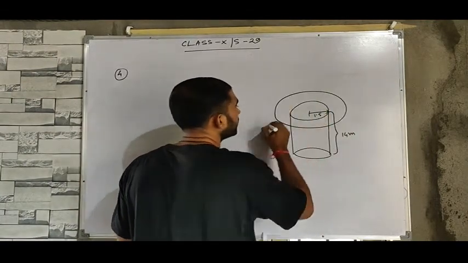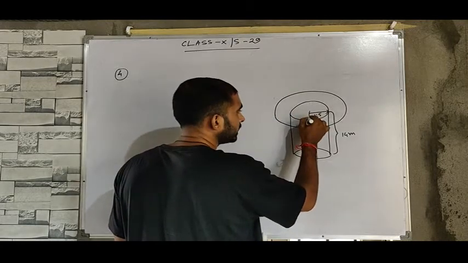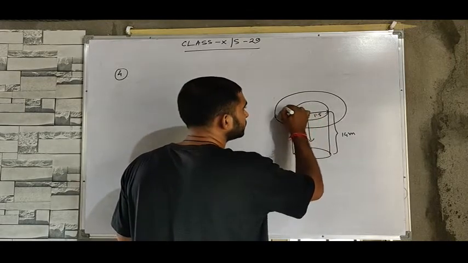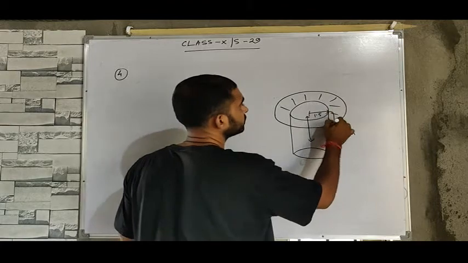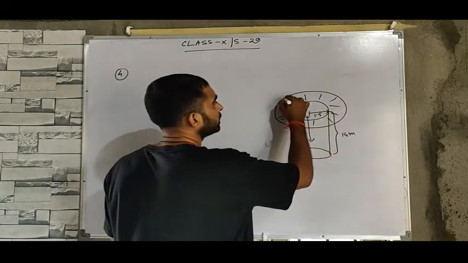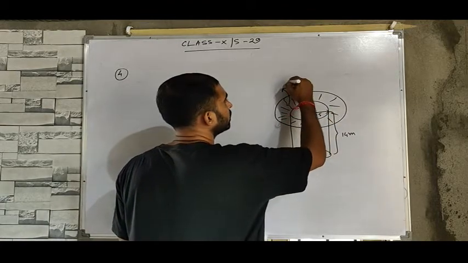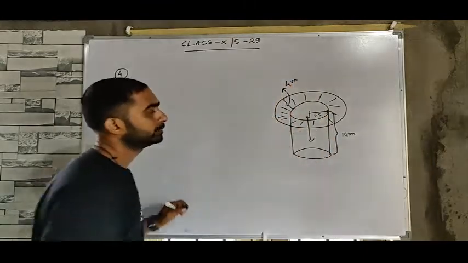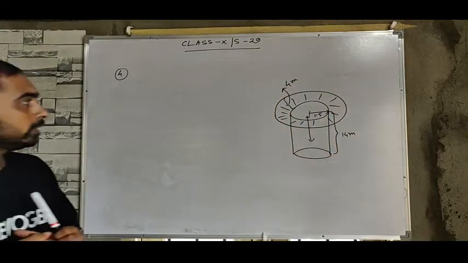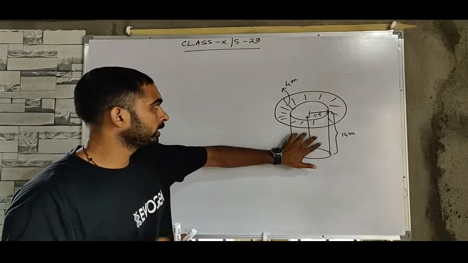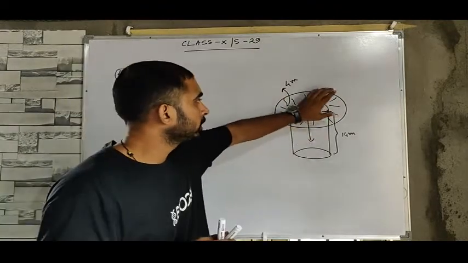This is the embankment. So the earth that comes out from the well is spread only over this portion, and the width of the embankment is given 4 meters.